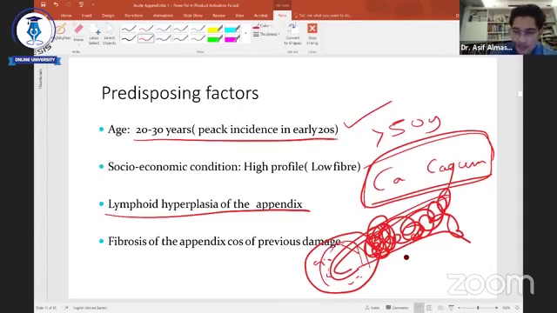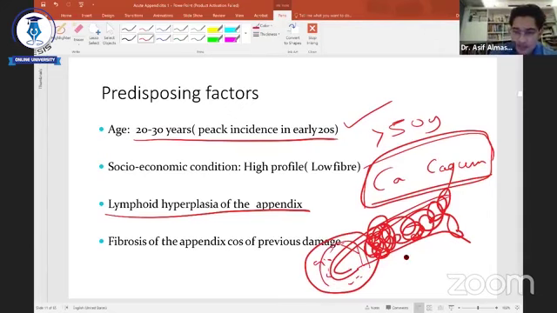Tumors are sometimes also important. Fibrotic strictures are also important. Now, what is a fecolith? A fecolith is a composition of bacteria, calcium phosphate, epithelial debris, inspissated fecal matter, and foreign bodies. This is the composition of a fecolith.